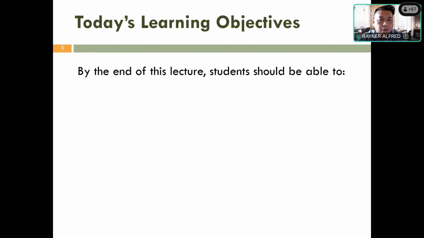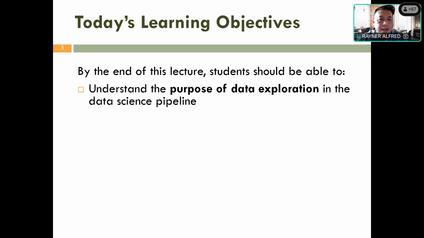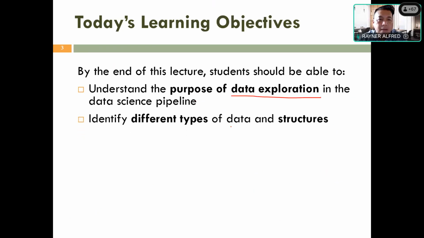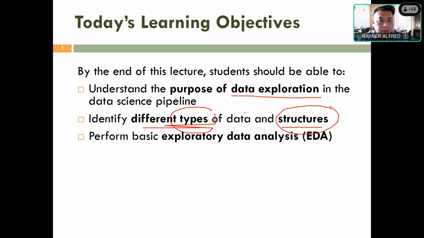By the end of the day, you should be able to understand why we need to do data exploration, and you should be able to explain the different types and structure of data. So there are two things here, the types and also the structure. And you should be able to perform basic exploratory data analysis, which we call EDA.